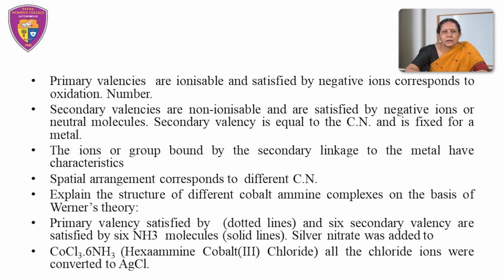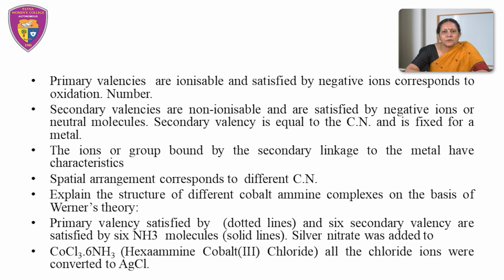Secondary valencies are non-ionizable and are satisfied by negative ions or neutral molecules. Secondary valency is equal to the coordination number and is fixed for a metal. The ions or groups bound by the secondary linkage to the metal have characteristic spatial arrangements corresponding to different coordination numbers.